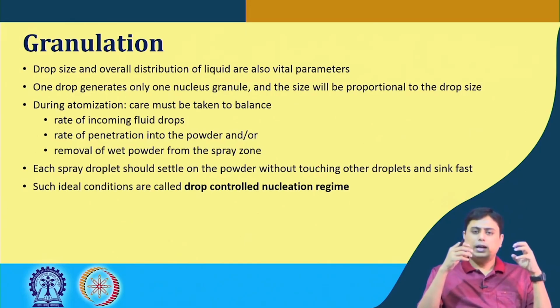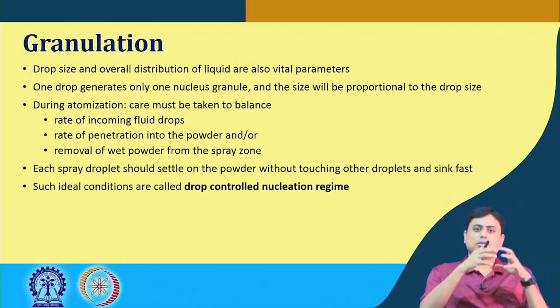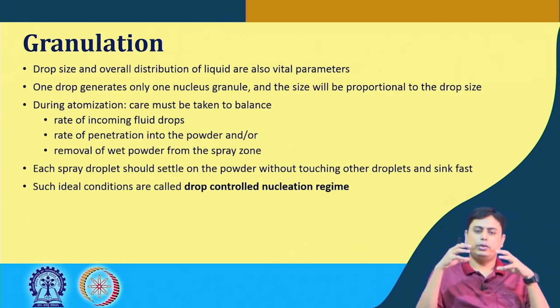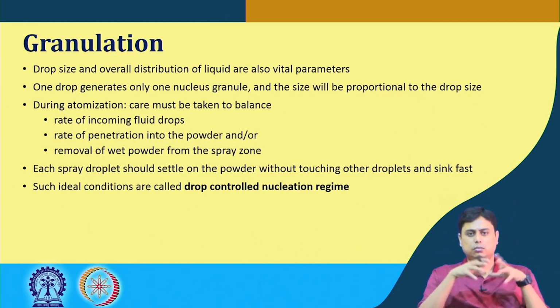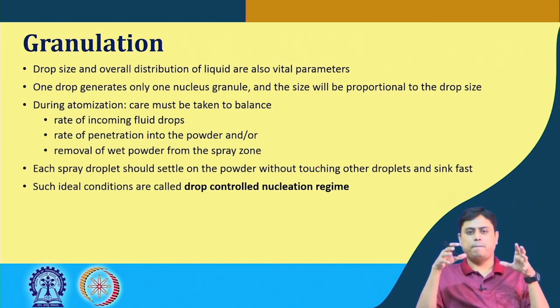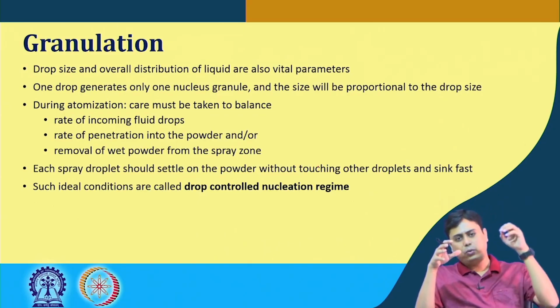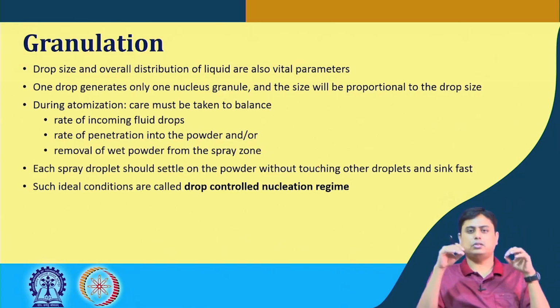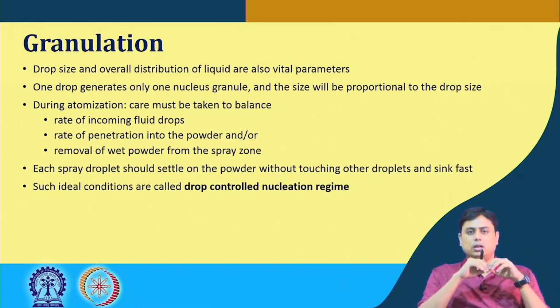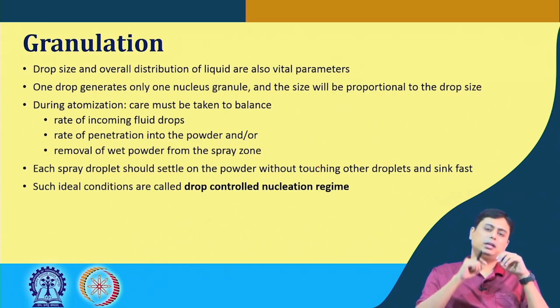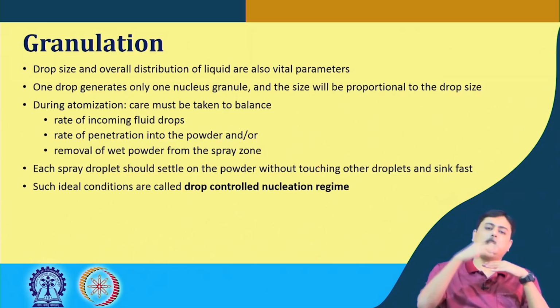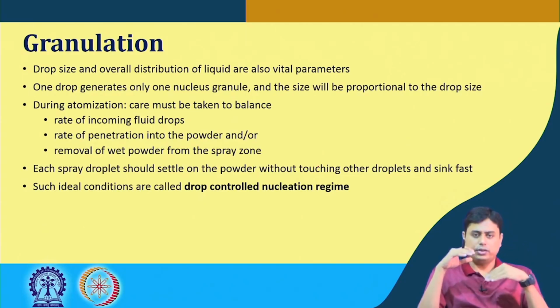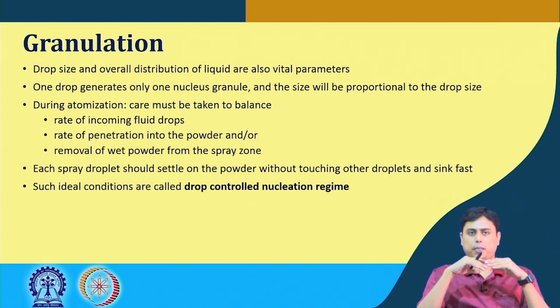So, we are basically spraying or atomizing say the liquid solvent including the binder over this small particle bed. Now, the rate at which we are pouring in these liquid droplets over the surfaces of these smaller particles, there should be a balance between this rate and the rate at which the droplet can penetrate, because it shouldn't form a pool of liquid at the top, before it penetrates, and again another droplet comes on the surface of the small particles.